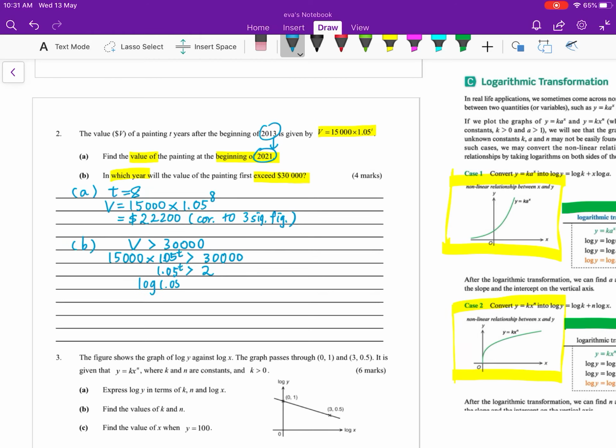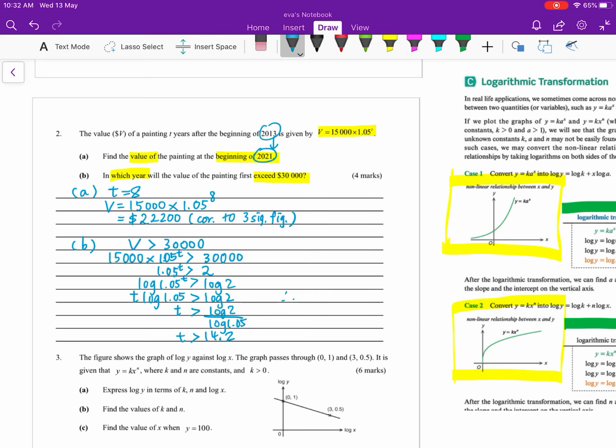Log 1.05 to the power of T is greater than log 2, and then we can move the T to the front. Next, we want the T remaining on the left hand side, so do the division with log 1.05. So T is greater than 14.2.